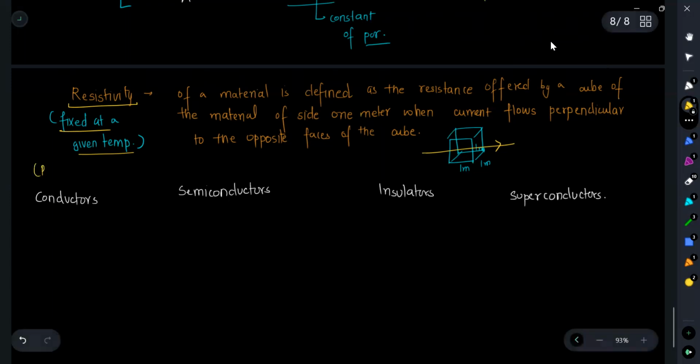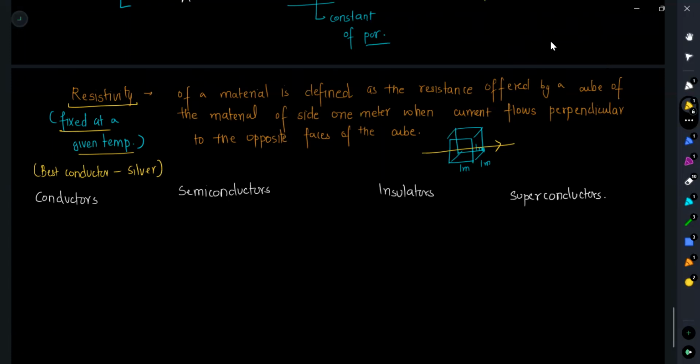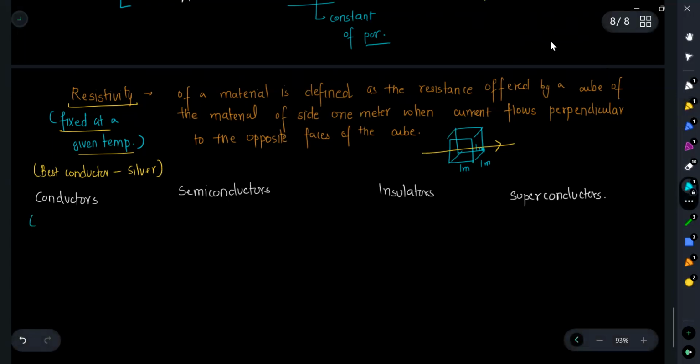बेस्ट कंडक्टर हमें पता है क्या होता है, सिल्वर. मैं आपको एग्जांपल्स दिखा सकता हूँ कंडक्टर्स के. वी हैव gold, silver, we have iron, platinum, all metals generally.